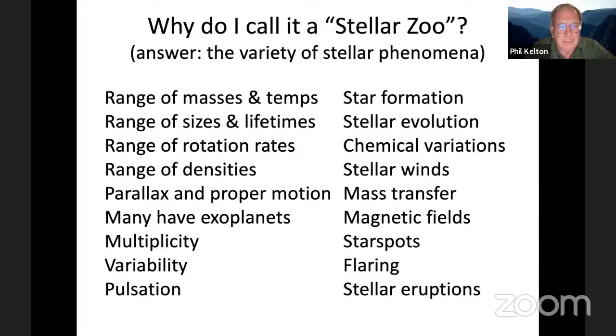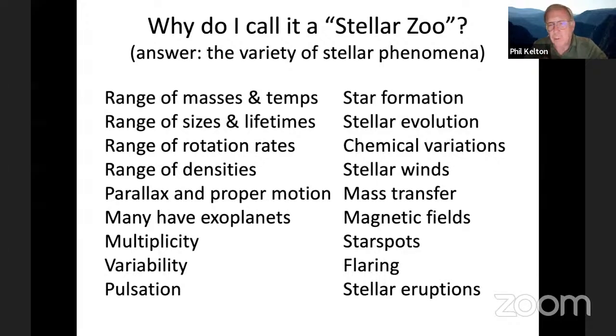In the last 25 to 30 years, we've discovered many with exoplanets. Many are not single like the sun and exist in multiple stars. Many are variable, many pulsate. Many are embedded in star-forming regions and producing star clusters. They evolve, and we see them in different states of evolution. They have a great variety in their chemical structure.